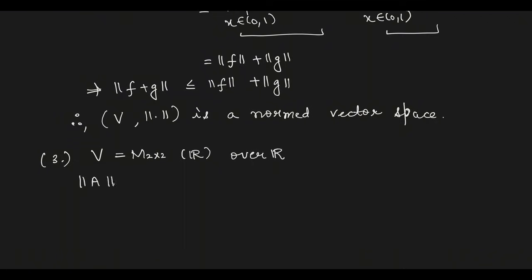Norm of A is the minimum over i, j of mod of A ij. Now tell me whether it is a normed linear space or not.